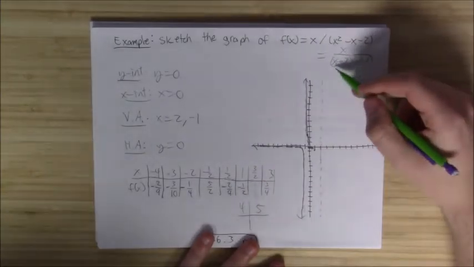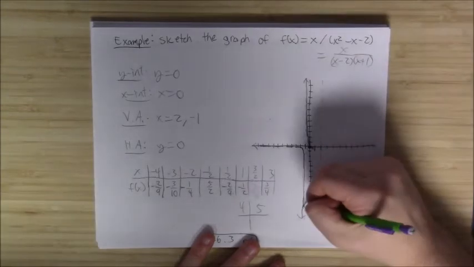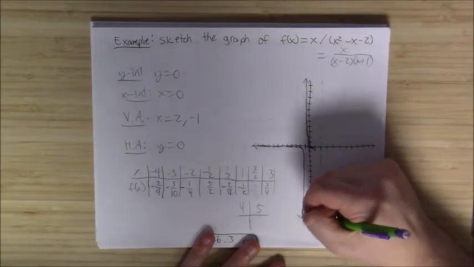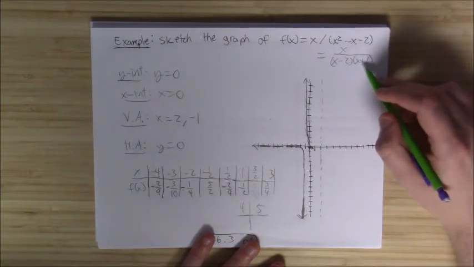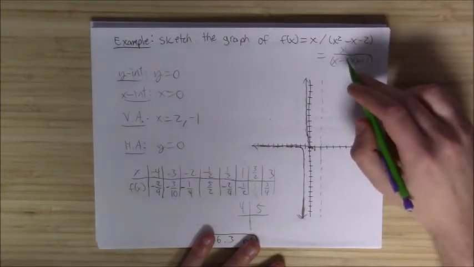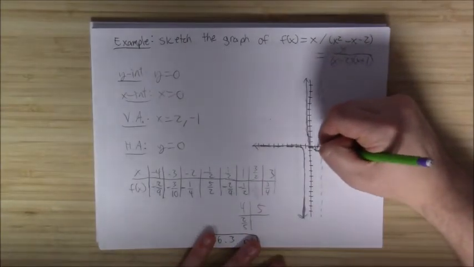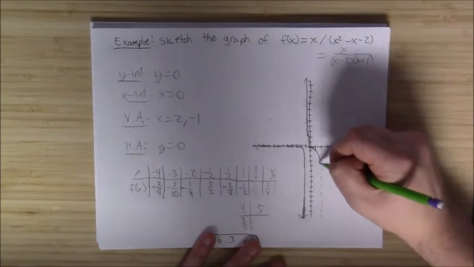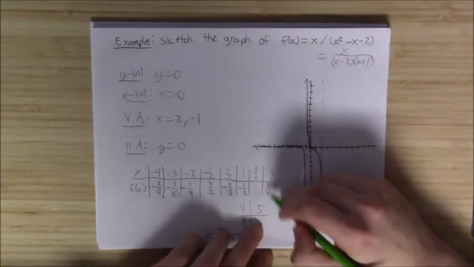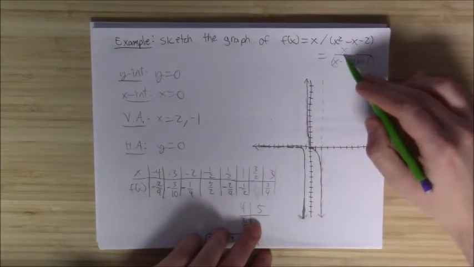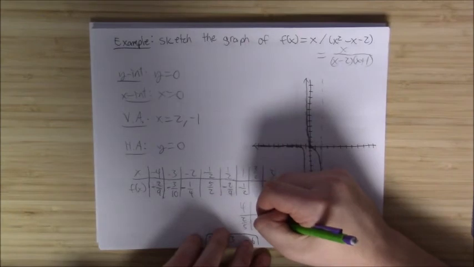Plugging 4 in, we get 4 over 4 minus 2 is 2, times 5 is 10, so 4/10 or 2/5 if you prefer. I'm just going in and shoring up the graph a little bit. Plugging in 5, you get 5 over 3 times 6 is 18, so 5 over 18.